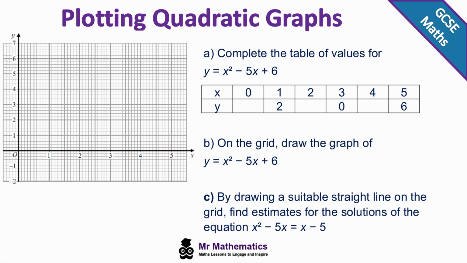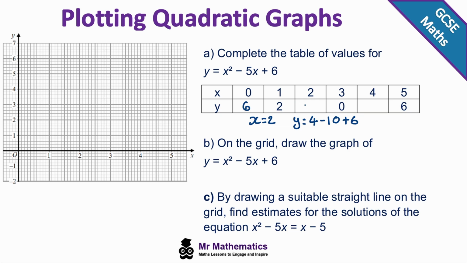Okay, so welcome back if you gave that a go. We'll begin when x equals 0. So y will be 0 squared minus 5 lots of 0 plus 6. So when x is 0, y is 6. When x equals 2, y will be 2 squared minus 5 lots of 2 plus 6.